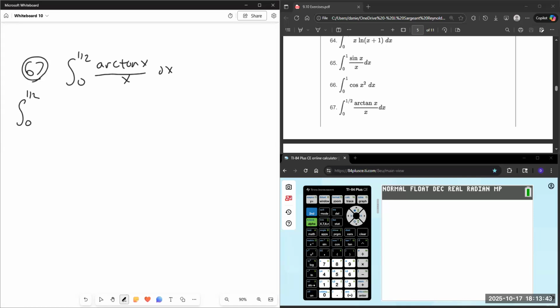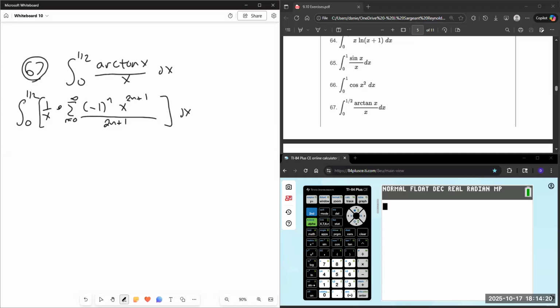This power series is 1 over x times summation of -1 to the n times x to the 2n plus 1 over 2n plus 1, n equals 0 to infinity dx.